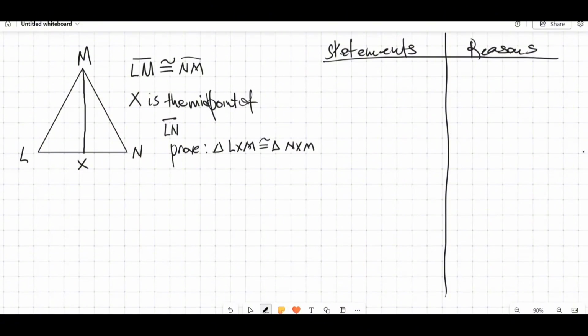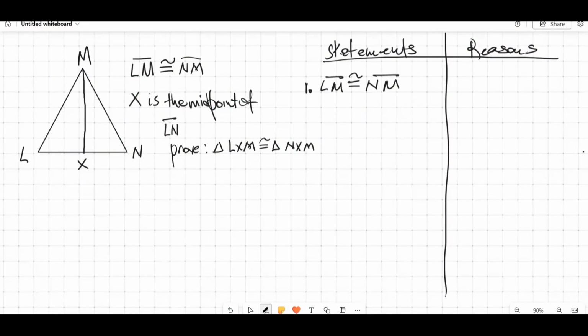So let us start off with what's given, right? We start off with what's given all the time. So I'm going to list it. Item one, I was given that LM is congruent to NM. So line segment LM, or the side LM right there, is congruent to side NM.